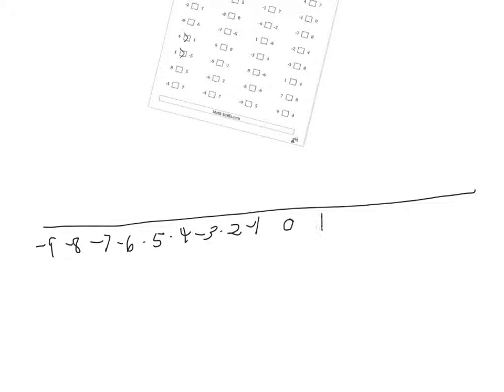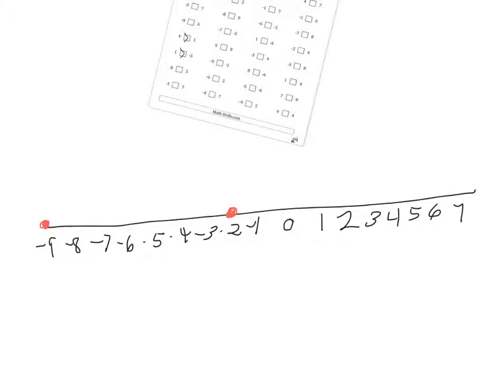So remember that positive numbers are greater than negative numbers. So I have negative 2 and negative 9. So I want to know which one is more. A lot of the times kids will say that negative 9 is more because they know that the number 9 is a bigger number.